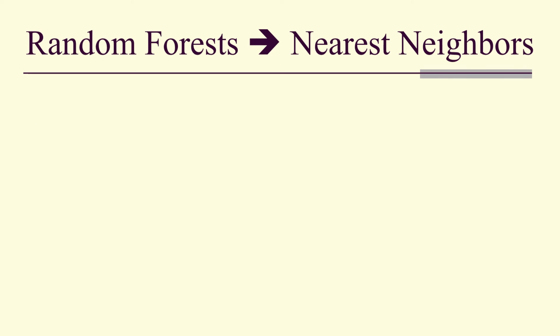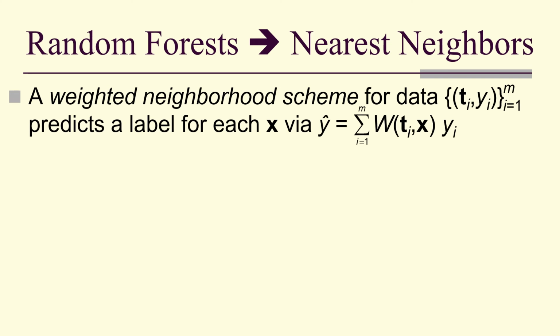So random forests are also related to nearest neighbor methods. In general, a weighted neighborhood scheme for data (t sub i, y sub i), i equals 1 to m, is a scheme that predicts a label for each x via y hat equals the sum, i equals 1 to m, of w of t sub i comma x times y sub i, where these w of t sub i comma x, greater than or equal to 0, are the weights of the weighted neighborhood scheme.